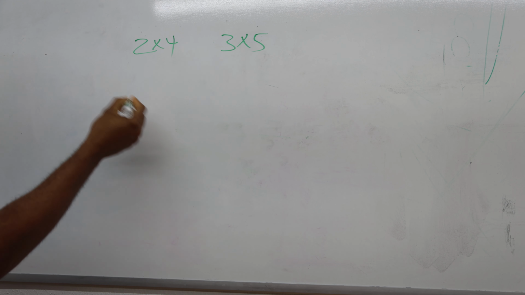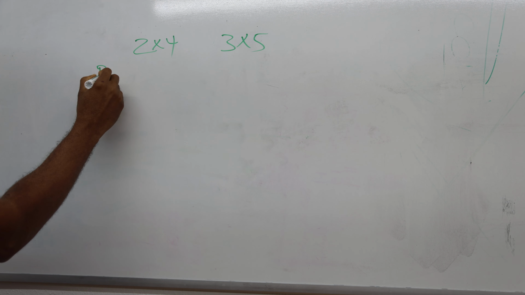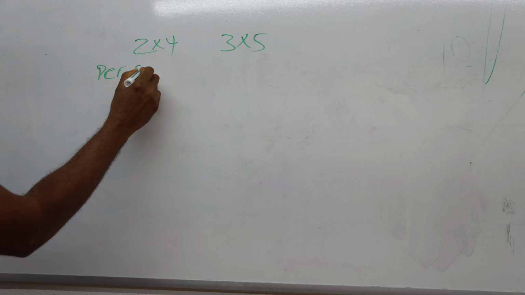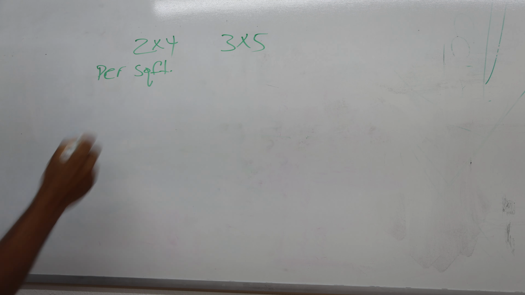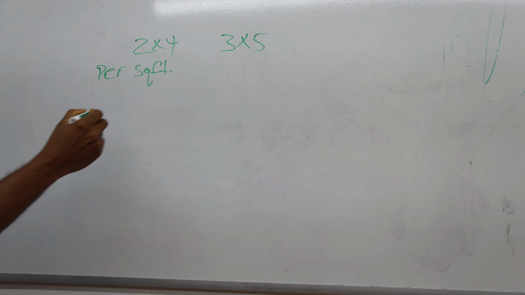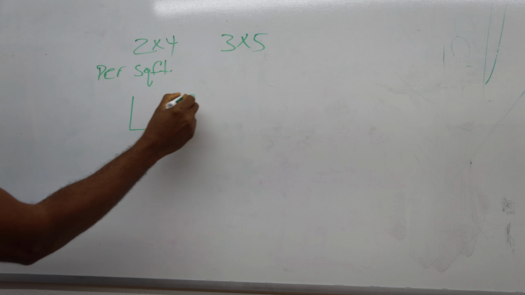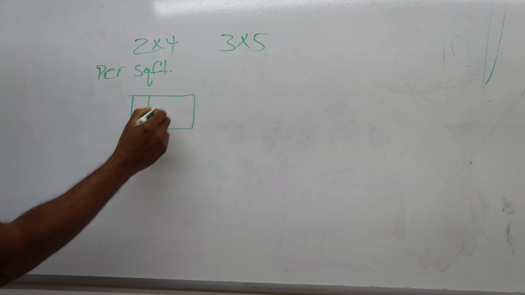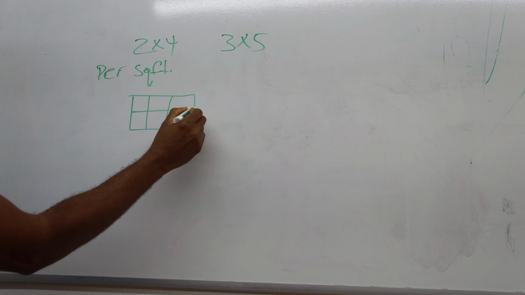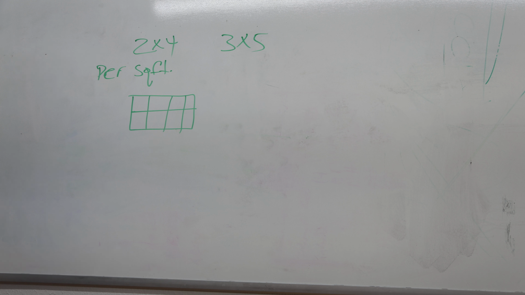LED signs are typically priced per square foot. So a 2x4, if we were to make that sign, then we go 1, 2, 3, 4, right? So essentially, how many square feet is this?